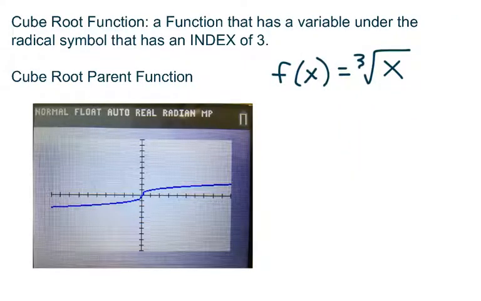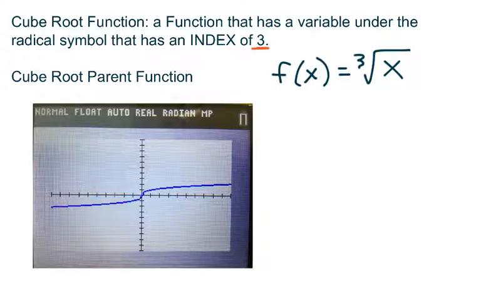Okay, the next function that we're learning today is the cube root function. This is a function that has a variable under a radical symbol that has an index of 3. Okay, so my parent function is f of x equals the cube root of x, and here is the graph of it.